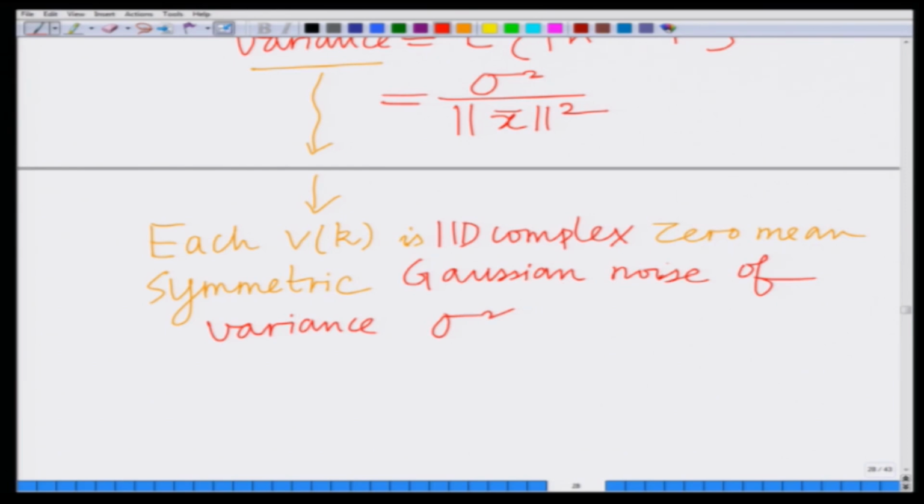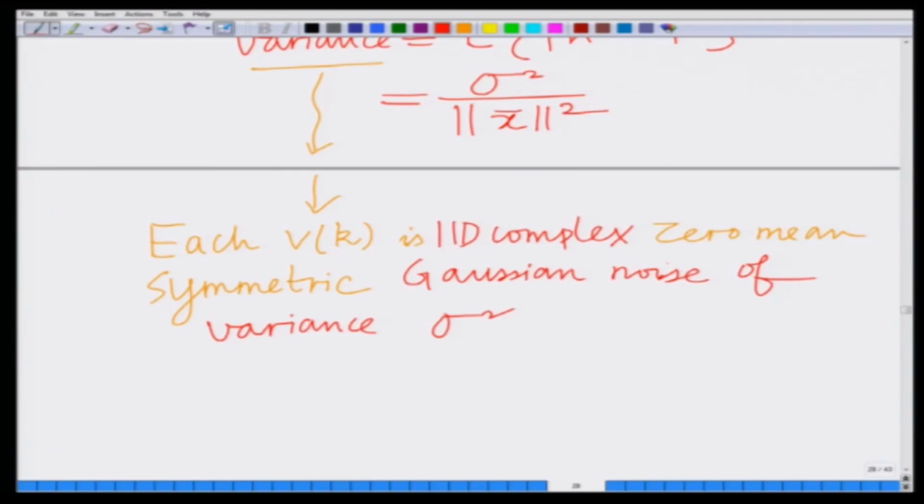So, when the noise vector V bar is a complex circular symmetric Gaussian noise vector, it means each Vk is an IID complex Gaussian symmetric zero mean random variable of variance sigma square, which means the real and imaginary parts are zero mean, independent and of variance sigma square by 2 each.